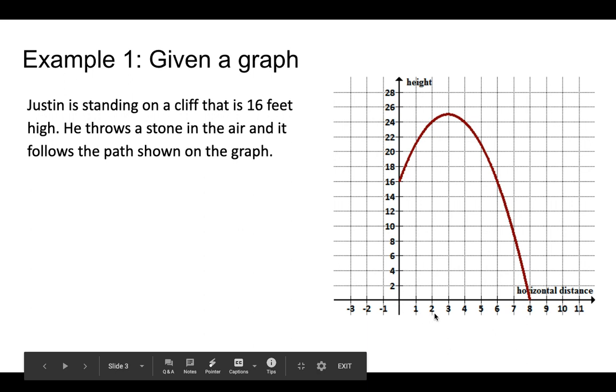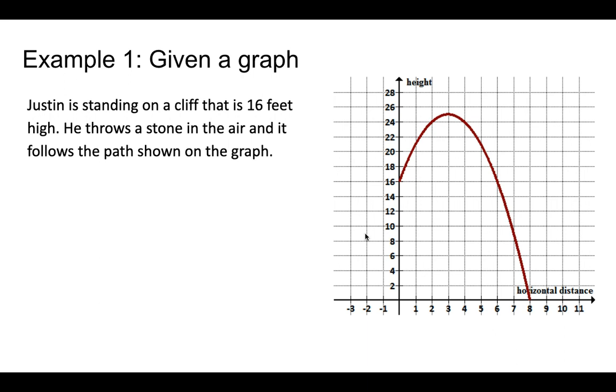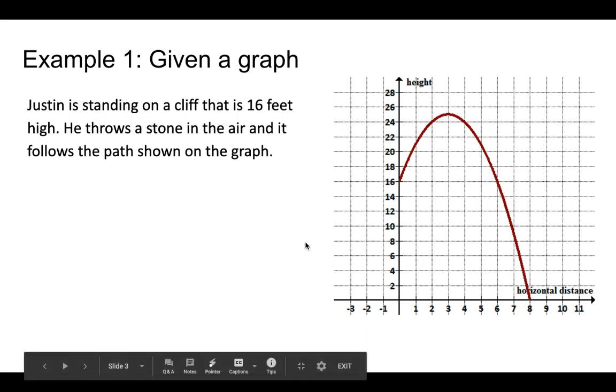Each one of these measurements is in feet because we're told he's at 16 feet. So he's going to be standing here on the cliff at 16 feet. He throws a rock into the air and it follows this path and then hits the ground down here. This is vertical distance, starting from 0 at the bottom and going up, and horizontal distance starts at 0 at the cliff and goes to the right.